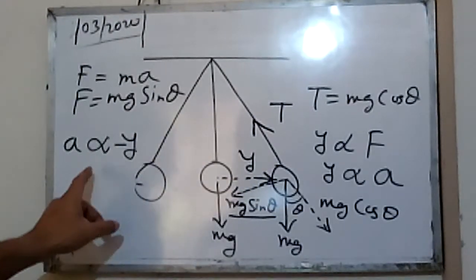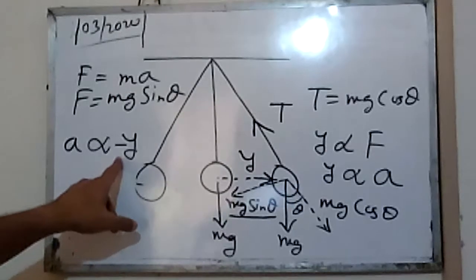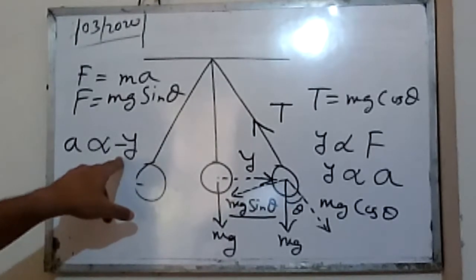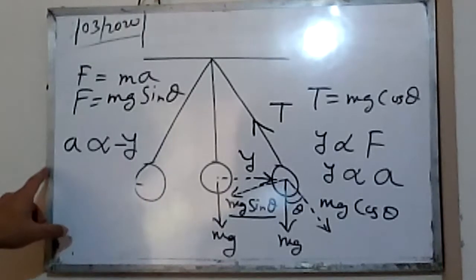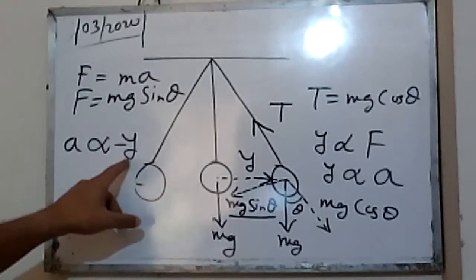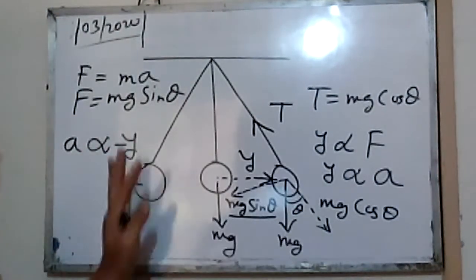For this reason, we write the minus sign. The minus sign arises because of opposite direction. Therefore, acceleration is proportional to minus y. So this is a simple harmonic motion.